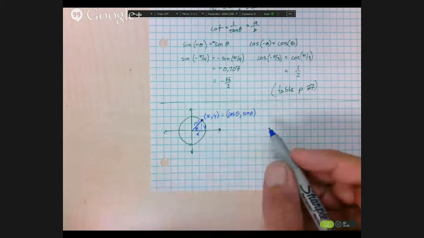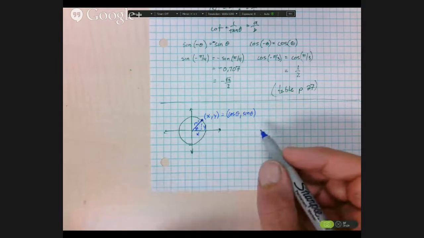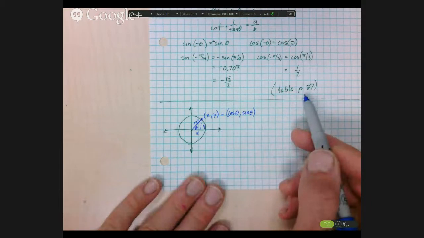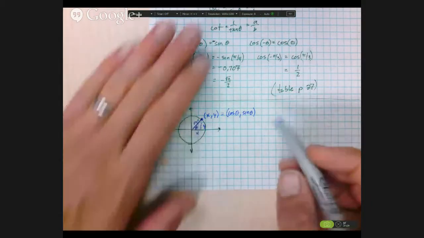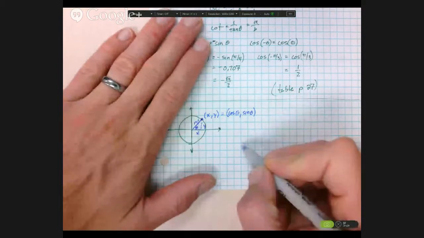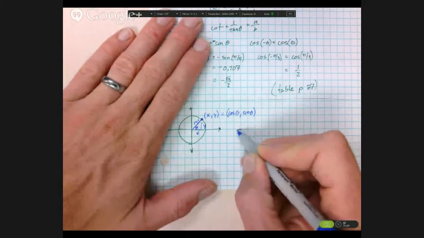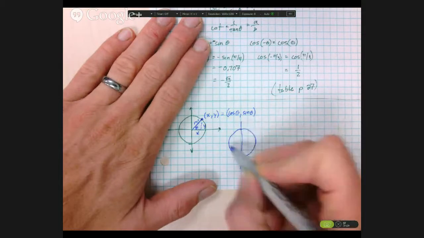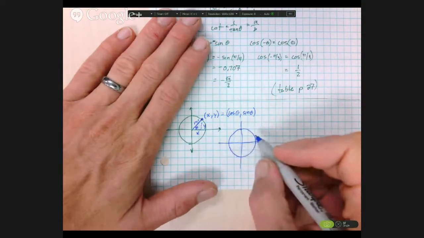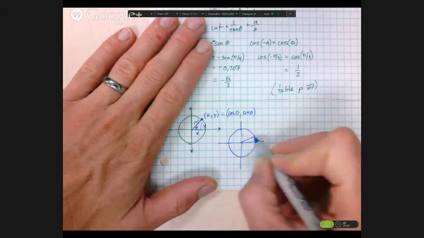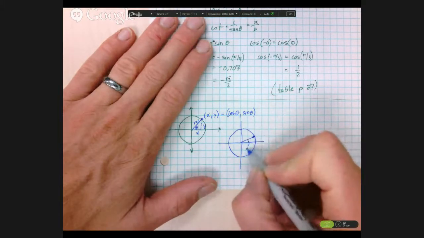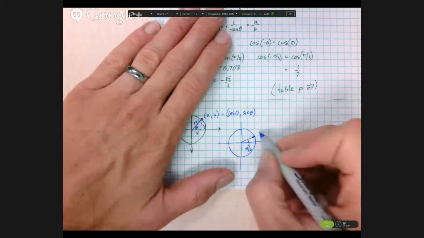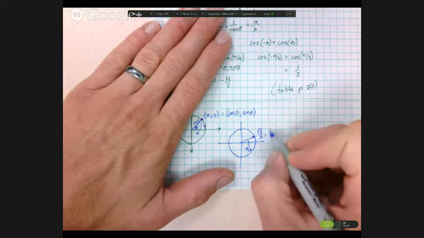Okay. What I would like to see, continuing on this table from page 27, if you have an angle that is pi over 6 radians, the points for that are root 3 over 2 and 1/2.